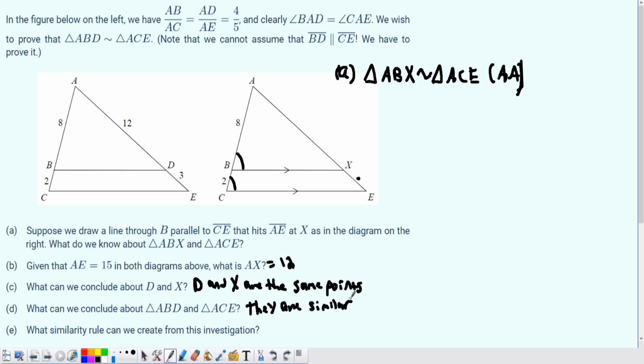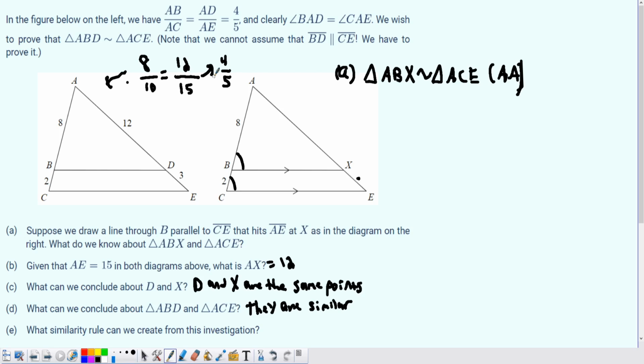So, for example, in this diagram, we know that 8 over 10 equals 12 over 15, which both end up just being 4/5. They have that same proportion in both.